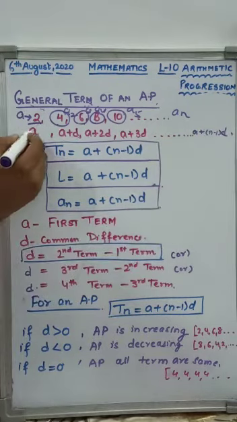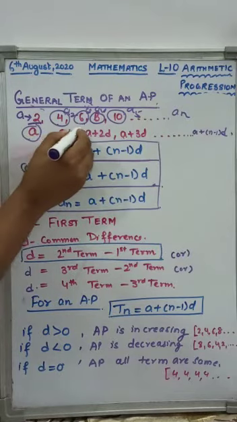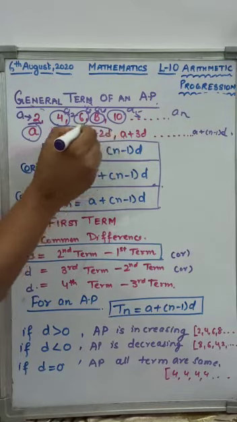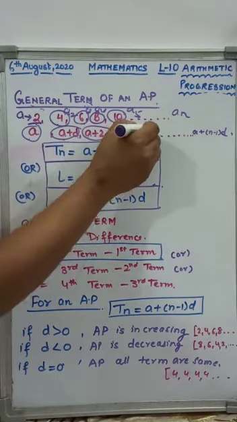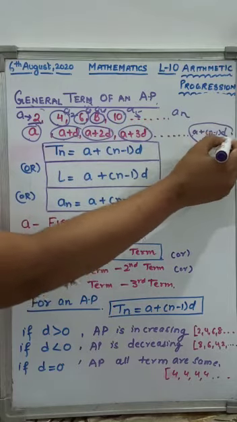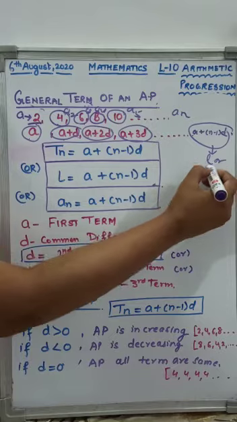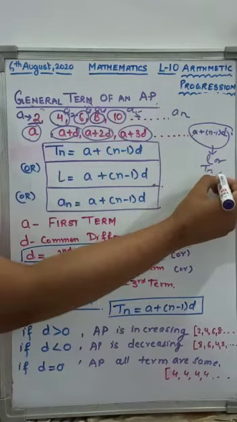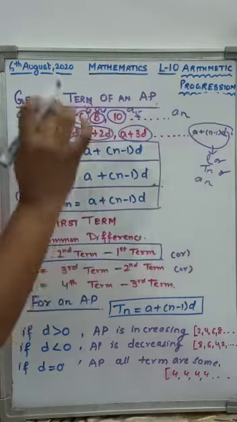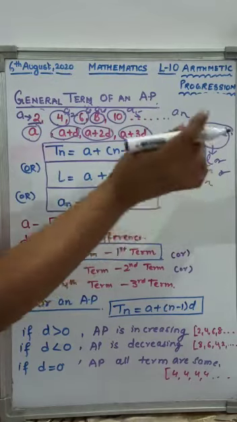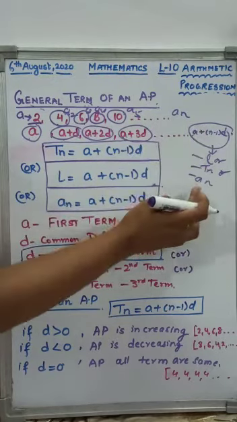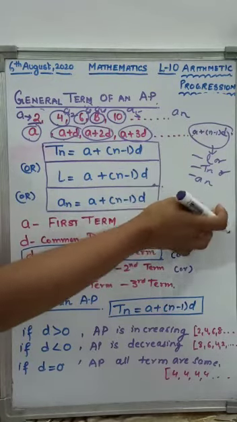Now this is your first term, second term, third term, fourth term, last term, small l, or Tn term or an term. So the meaning is same. You have to find the last term or Tn term or an term.